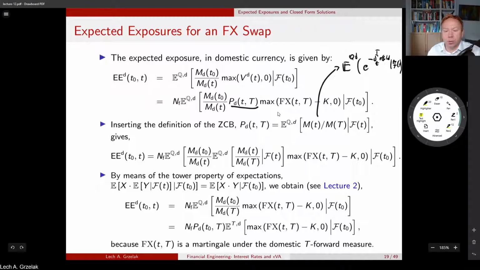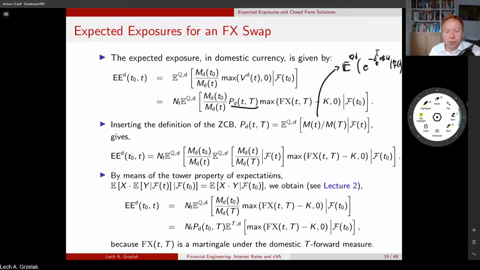So we can substitute into this expectation, and we end up with a nested expectation. We have an outer expectation with filtration F_T0, and an inner expectation with filtration F_t.